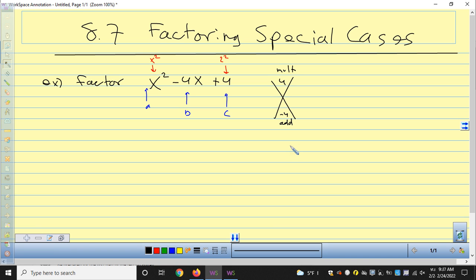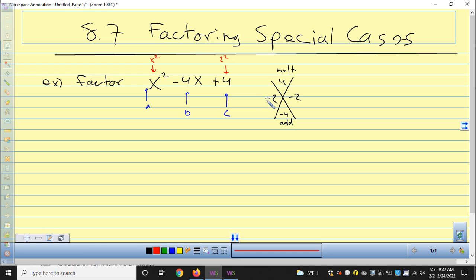The only way we can get two numbers to multiply to something positive and add to something negative is if both of them are negative. Negative times a negative gives us a positive, and a negative plus a negative is going to give us a negative. So we need two numbers that multiply to positive 4 and add to negative 4. Hopefully we can see what those two numbers are without using our factor sheet. Yeah. Negative 2 and negative 2.